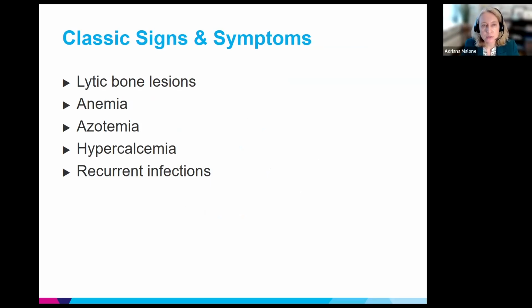This is in part due to the increased rate of bone resorption with an imbalance between osteoblast and osteoclast activity. 60% of patients have a normocytic normochromic anemia at diagnosis due to marrow infiltration as well as cytokine suppression of hematopoiesis. 20% of patients present with renal failure, often due to multiple etiologies, including light chain cast nephropathy, hypercalcemia, dehydration, and hyperuricemia.